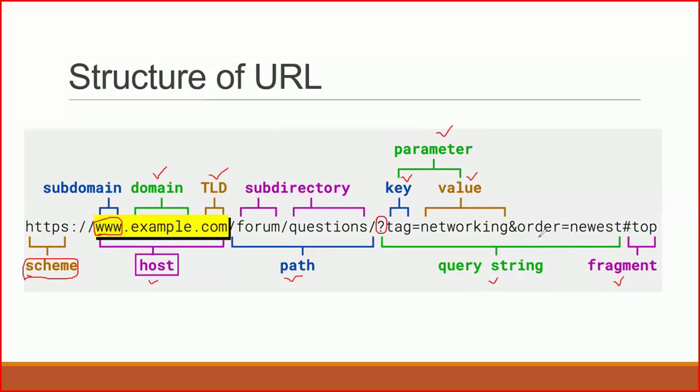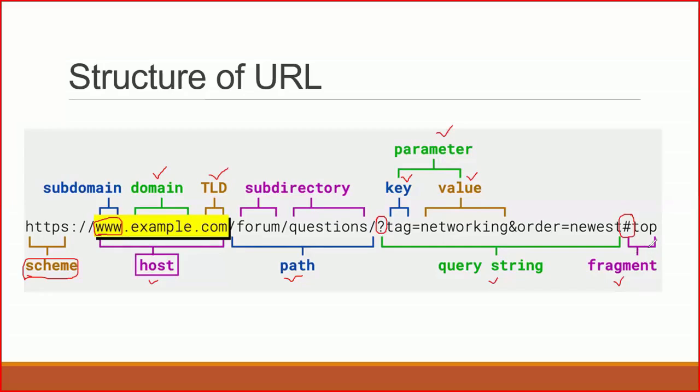And the final one that you need to know is the fragment. This is an optional component, guys. Generally it is placed at the end of the URL with the hash symbol. Whatever you see right after this hash, we call it a fragment.